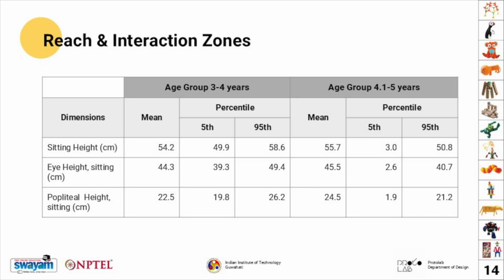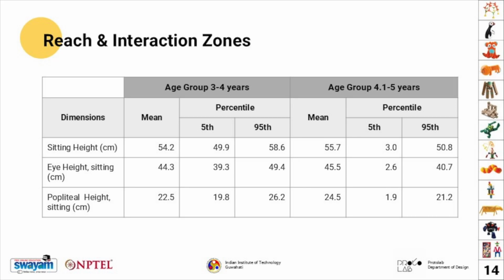Similarly, eye height while sitting is about 94% of stature. That places seated eye level at approximately 43 to 44 centimeters from the ground.